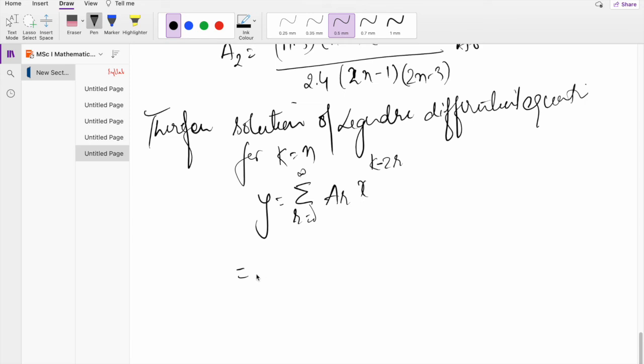So this will give me a0 x to the power k for r equals to 0. Then for r equals to 1, this will give me a1 x to the power k minus 2. Again, this is a2, x to the power k minus 4, and the series goes on.